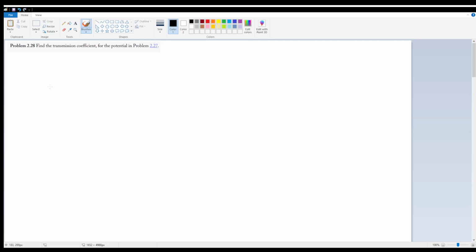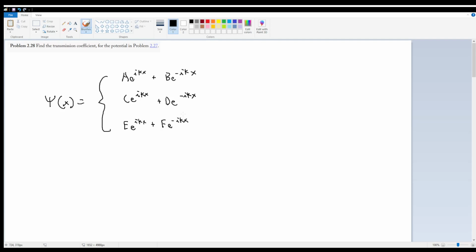As we've solved it earlier in this section, the general solution is going to look something like psi of x being a piecewise that equals A e to the ikx plus B e to the negative ikx, C e to the ikx plus D e to the negative ikx, and E e to the ikx plus F e to the negative ikx. This is when x is less than negative a, this is when x is between negative a and positive a, and this is when x is greater than a.